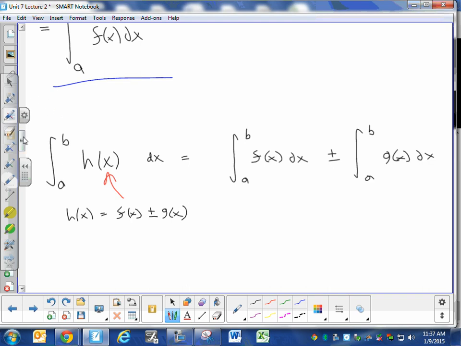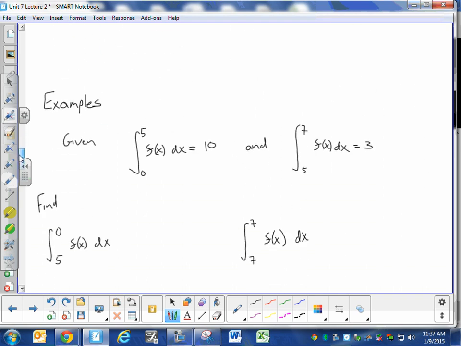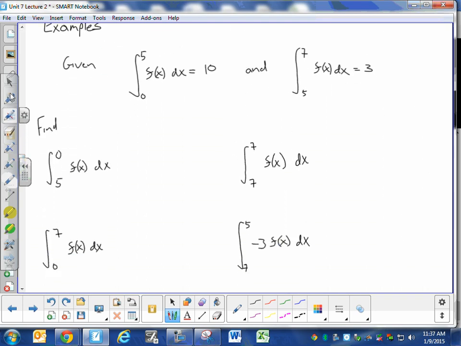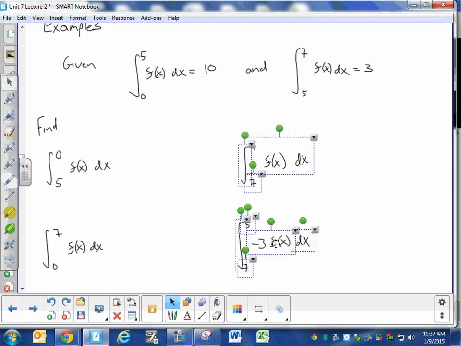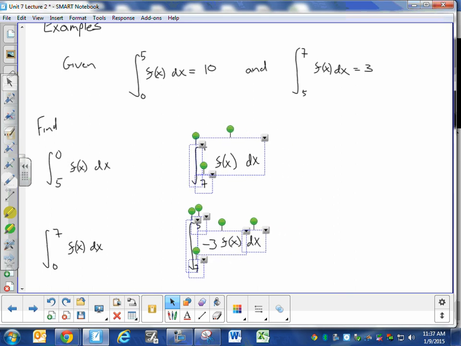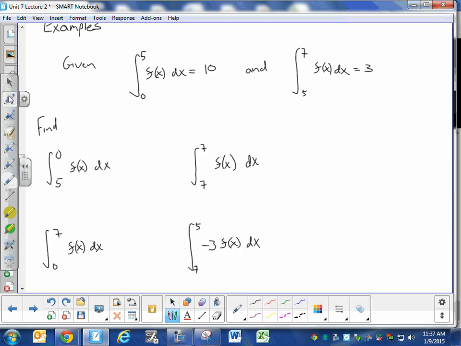All right, let's do some problems. Here is some given information up top, and then below will be 6 problems. I want you all to write down the given information, or at least look at it, and then come up with the answers to these 6 problems.